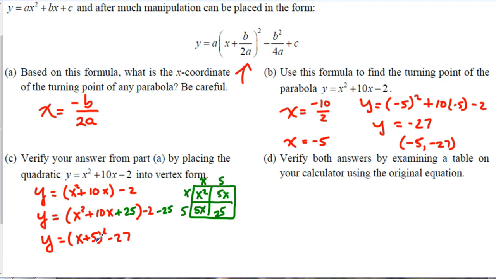All right, so at this point, we see that the vertex is at negative 5, negative 27, which is what we said it would be. All right, so that checks out.